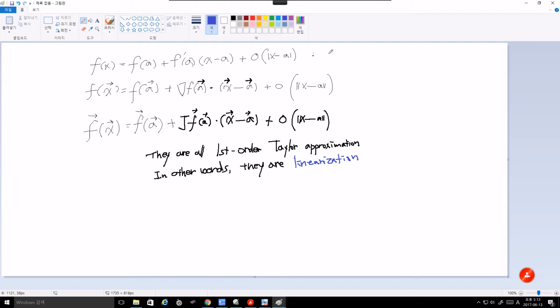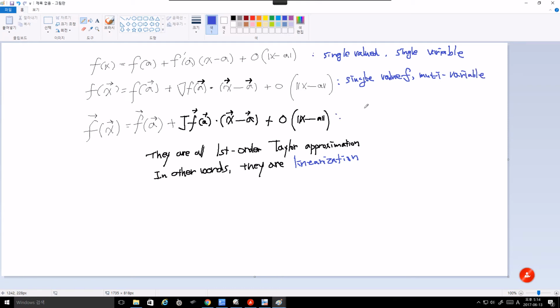single valued and then single variable. Single variable. Now the second one is single valued. The function is single valued f, but multivariable.